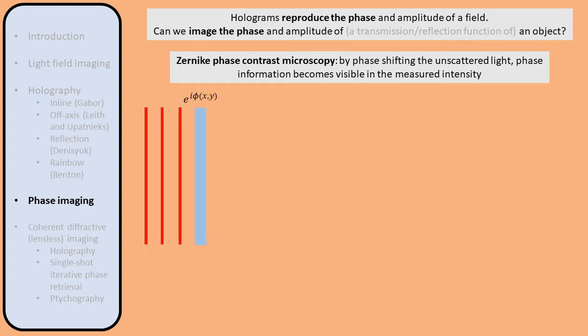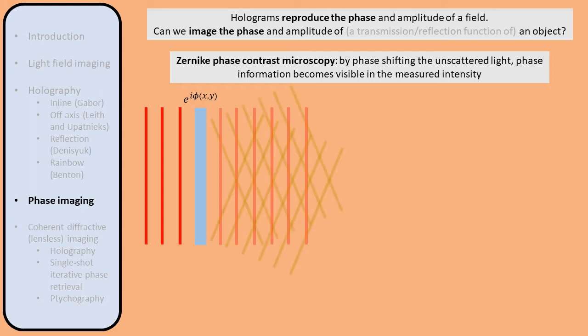If we illuminate a phase sample with a plane wave, a part of it will continue as a plane wave in the same direction, while other components will be scattered at different angles. Mathematically, we can write the unscattered field as 1 and the remainder corresponds to the scattered field. If we assume the phase shift is small, we can Taylor expand the complex exponential to first order, which allows us to approximate the transmitted field as 1 plus i times the phase shift.